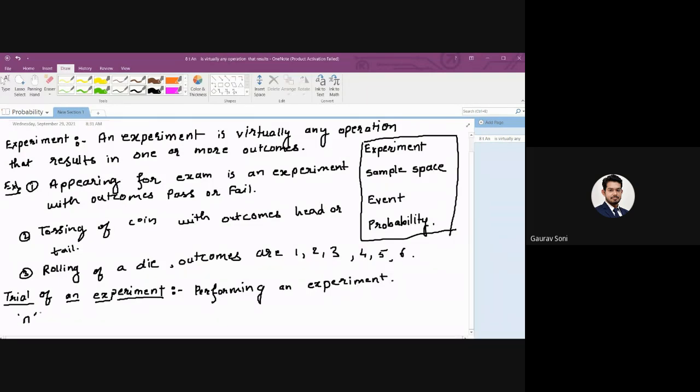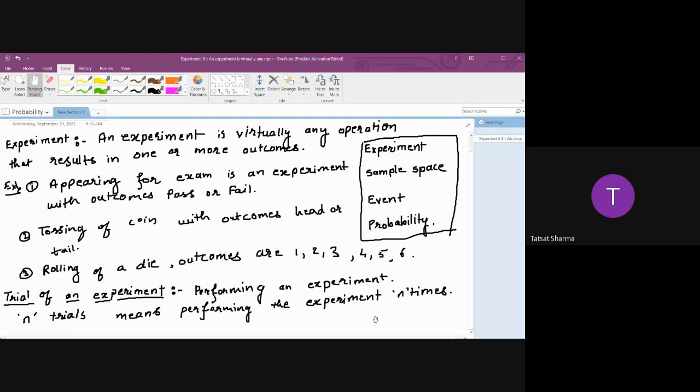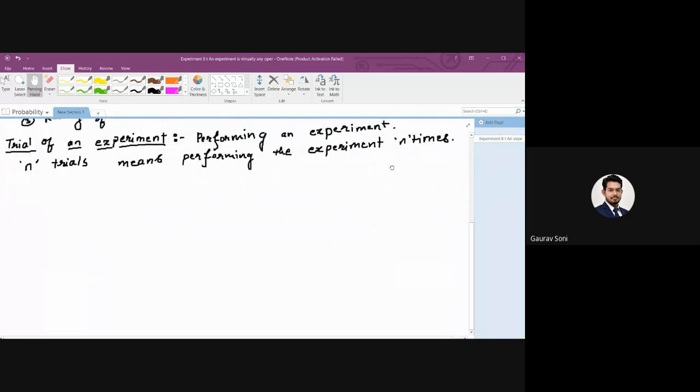So n trials means performing the experiment n times. So if a die is rolled 3 times, then the number of trials is three. Okay. So depending on this, experiments are of 2 types.